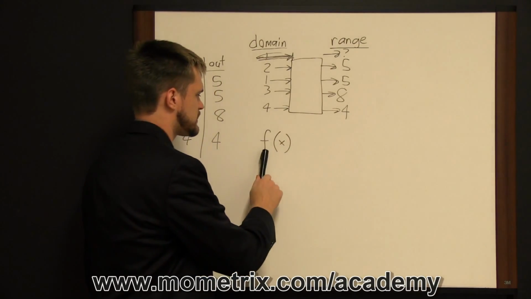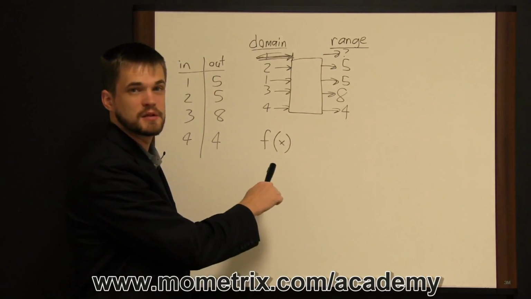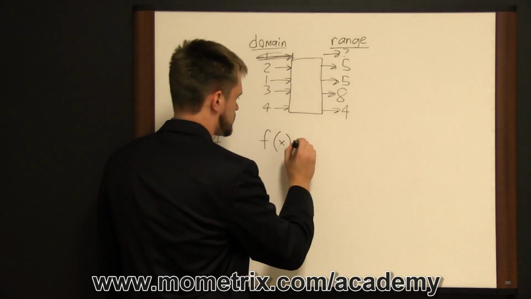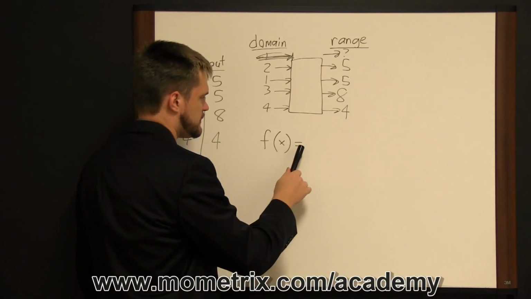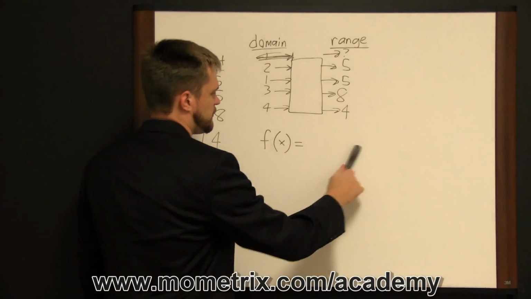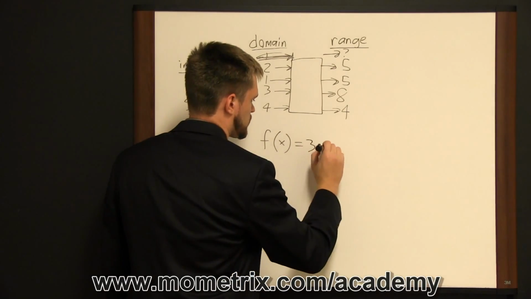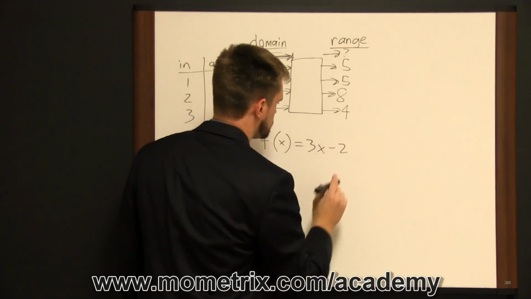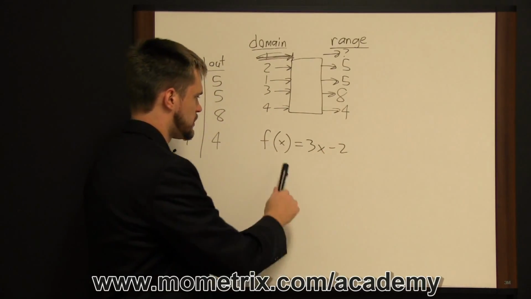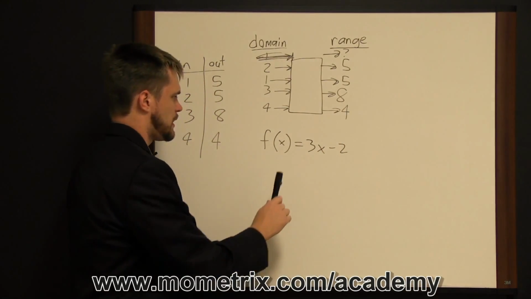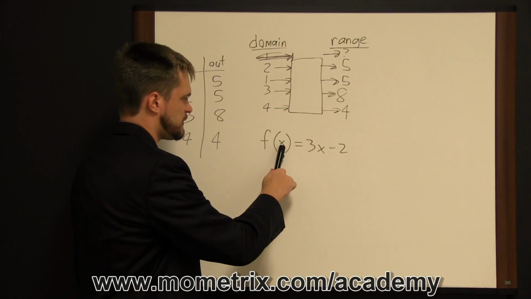So we would read this as f of x, where x is the input variable. And so we have f of x, and this is equal to some function of x. So let's say we have 3x minus 2. And so this function has an input of x.